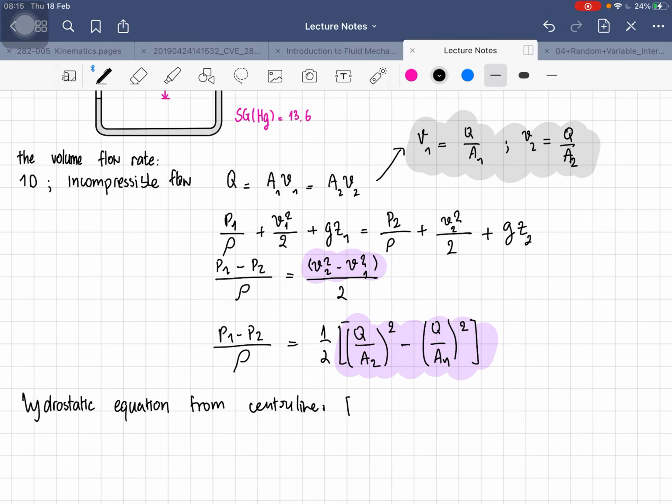So now we have pressure 1 plus the density multiplied by gravity and multiplied by the x, the length of it.